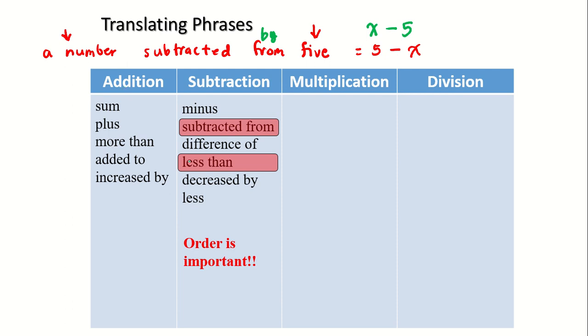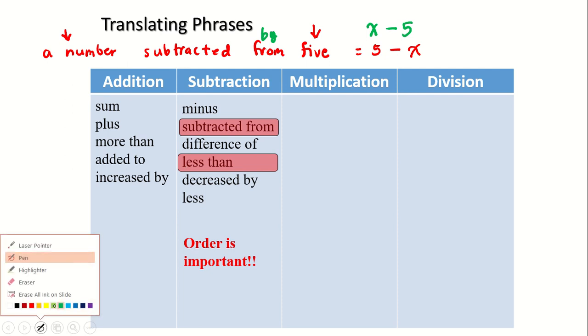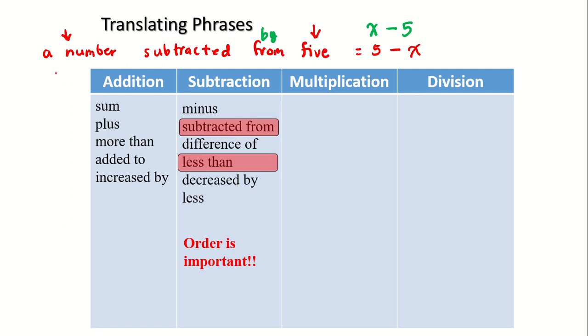So make sure to know the difference between the terms subtracted by and subtracted from. The same goes with less than and the term less. If we have a number less than 5, the representation is you write 5 first and then the number.